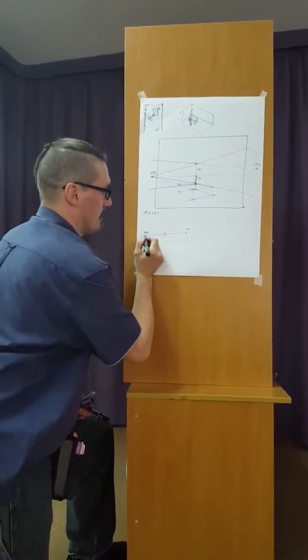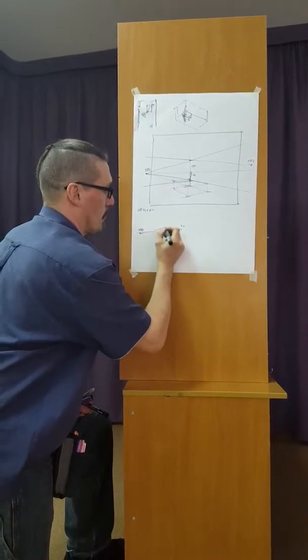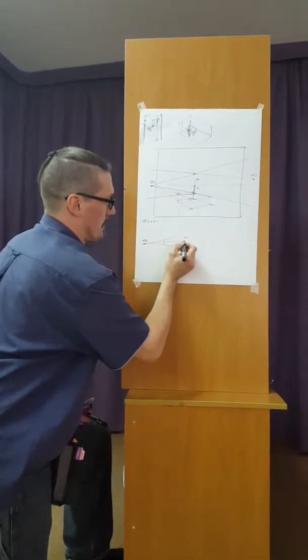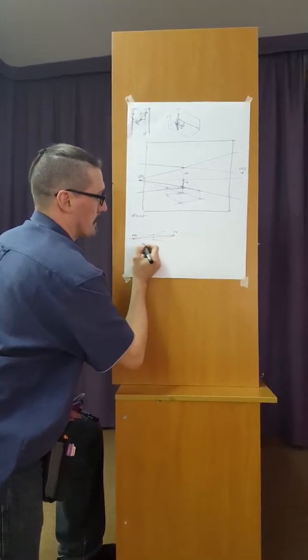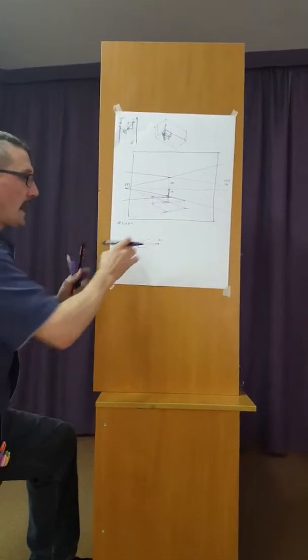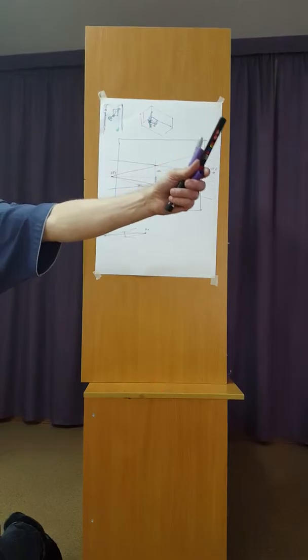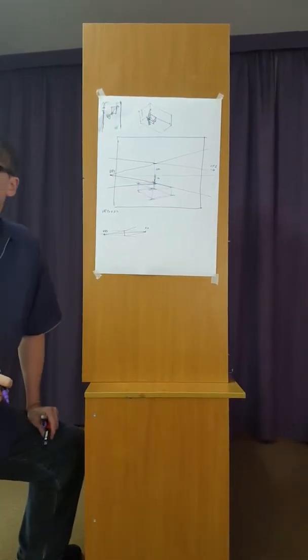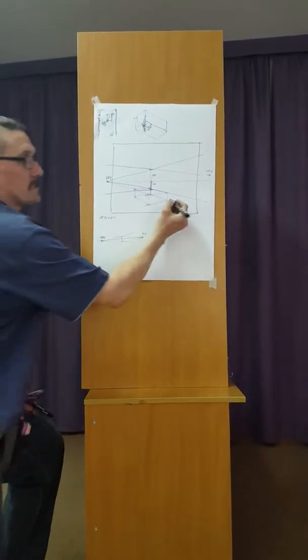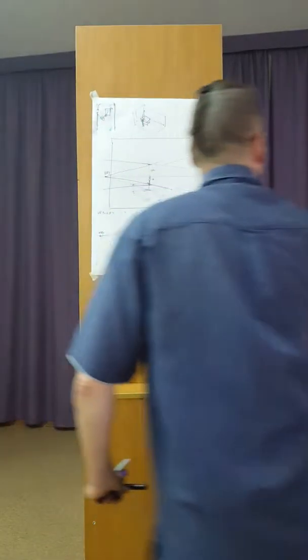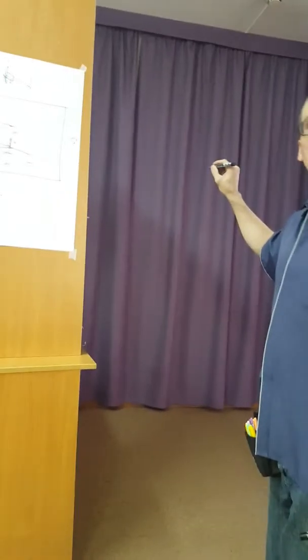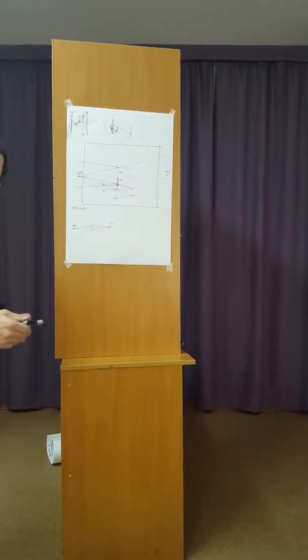I've got my line, I do my wall, and then I do my wall here. In order to have both of them on my page, I could either have a really long paper, or I have to end up with a small drawing. So the moment I want to put vanishing point 2 on my paper, it reduces my drawing.